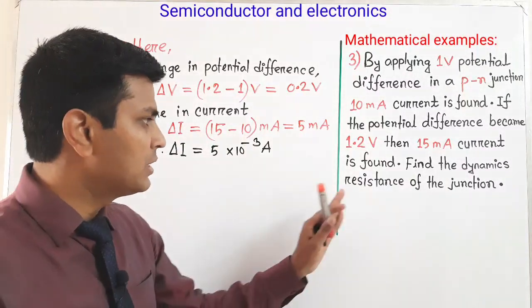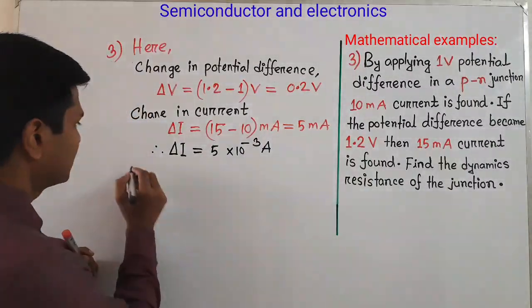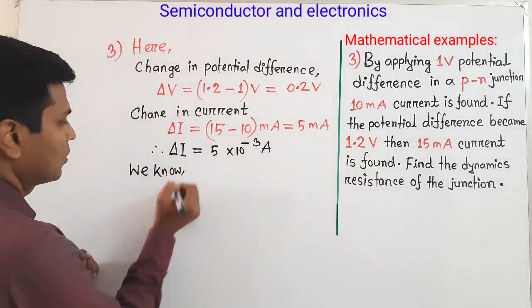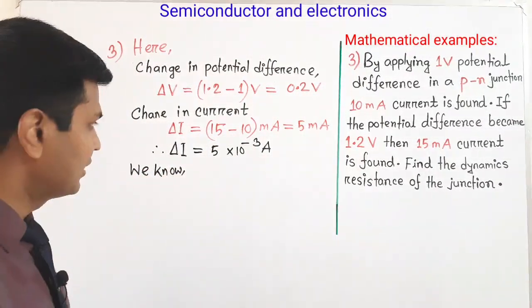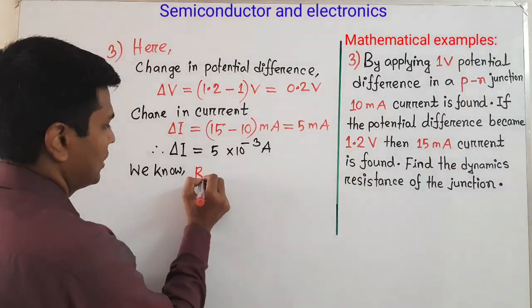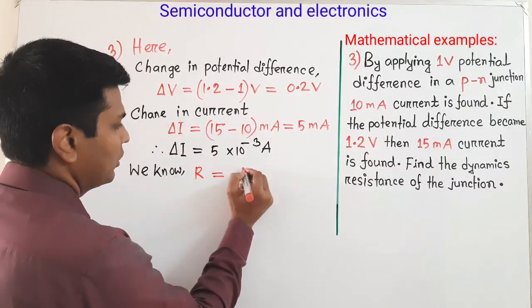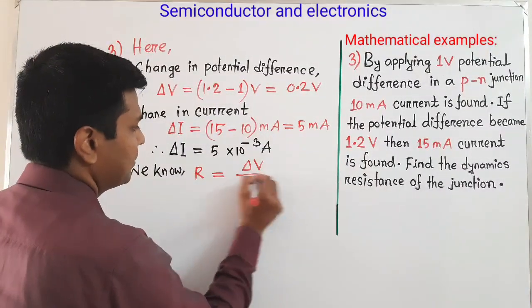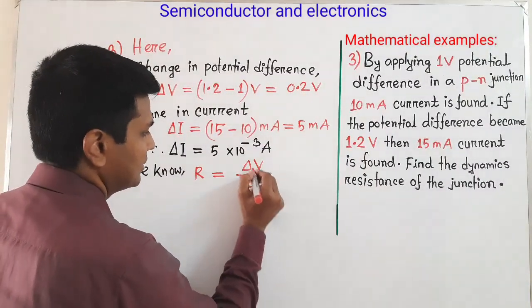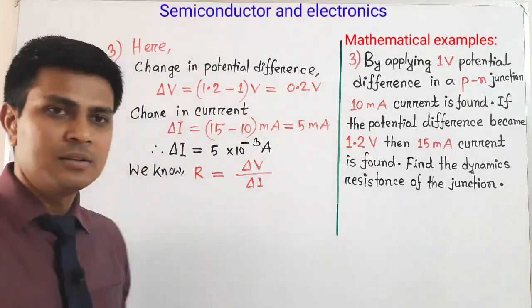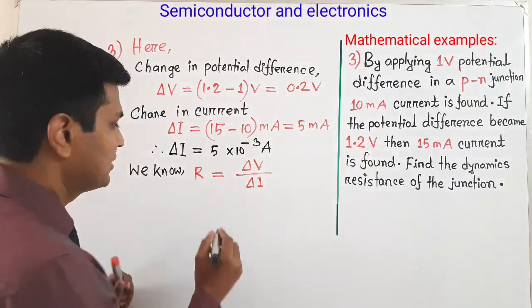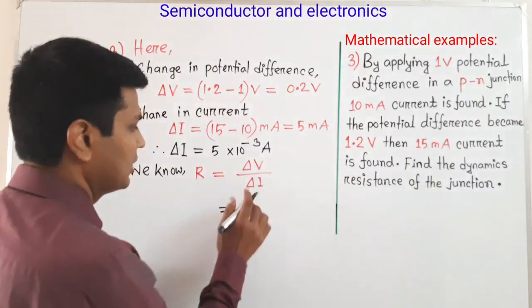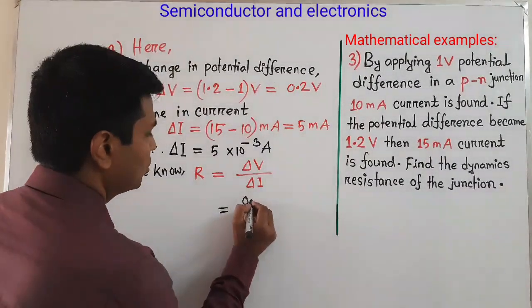And we have to calculate the dynamic resistance. So we can write here, we know the dynamic resistance R, and the formula will be del V divided by del I, and del V, that is the change in potential difference, is here 0.2.